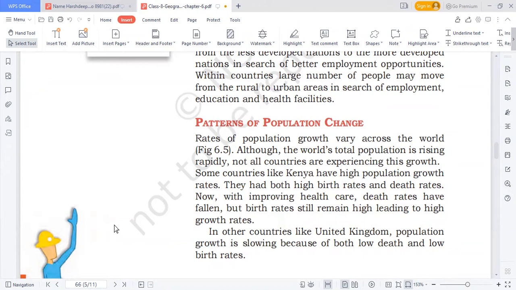For example, in 2001, India's total population was 101 crores. India reached the level of 1 billion. After 10 years, India's population became 121 crores.